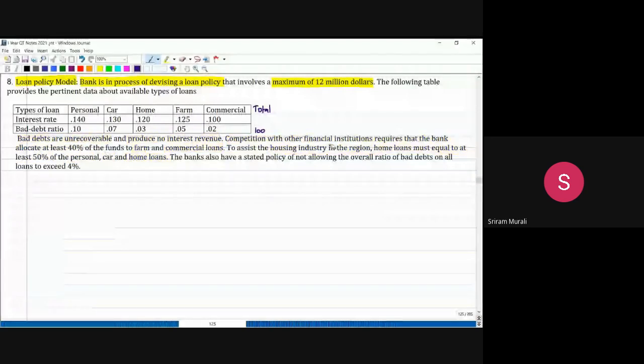So what we want to do is maximize the return of whatever loan I give. Before getting into the problem, we want to decide the decision variables. Let P be the personal loan amount, given in $1 million.